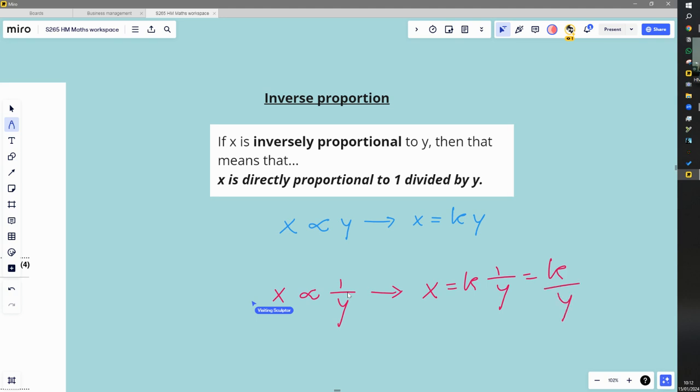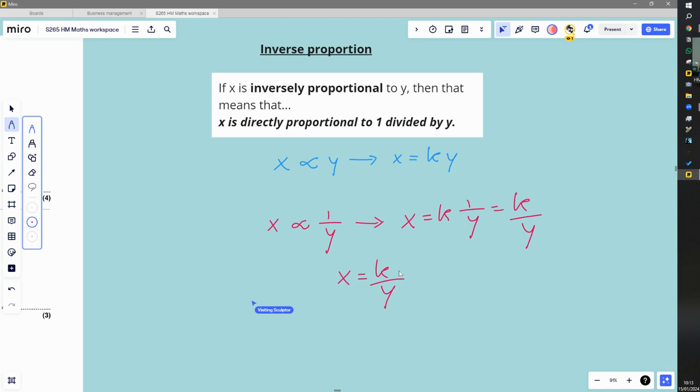So if x is inversely proportional to y, then x is equal to the constant divided by y. Again, these are different constants. It's just a standard symbol for a constant, as in a value that doesn't change.